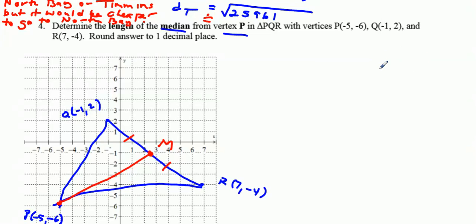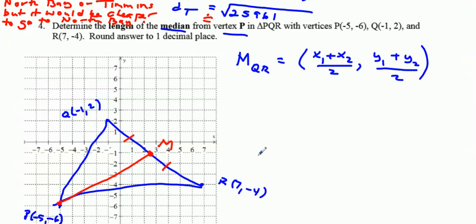Okay, well, if I want to find the length from P to M, I need the coordinates of M. And I can do that very easily by knowing the properties of a median. We already talked about how it bisects, right? So I need to find the midpoint of QR. Remember the midpoint formula? I'll just refresh your memory. x1 plus x2 over 2, so it's the average of the x's, the average of the y's.